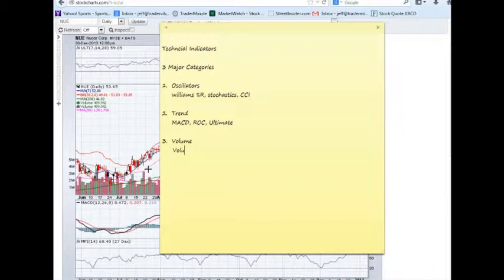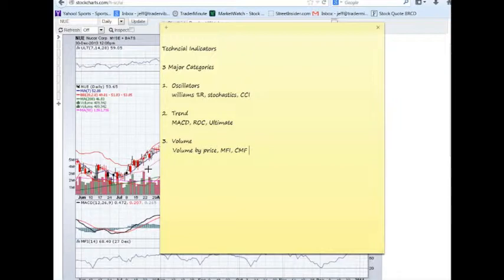Then the MFI, which we looked at with support and resistance. And then we're going to take a look at something called the Chaikin money flow, which in the short term is a little tough to use. In the long term, it's a really nice indicator to understand the overall trend in regards to stock volume. So oscillators, trend, and volume.